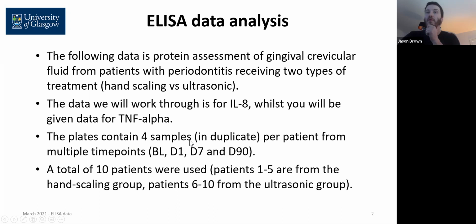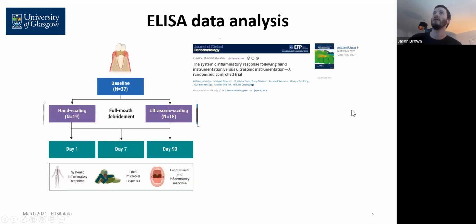If you remember from the paper, the assessment of the protein levels was done at baseline, day 1, day 7, and day 90, so 1, 7, and 90 days post-treatment. As I've said, there's a total of 10 patients. The first 5 patients are from the hand scaling group, and the second 5 patients are from the ultrasonic group. This should make a bit more sense when we actually work through the data in the coming slides.